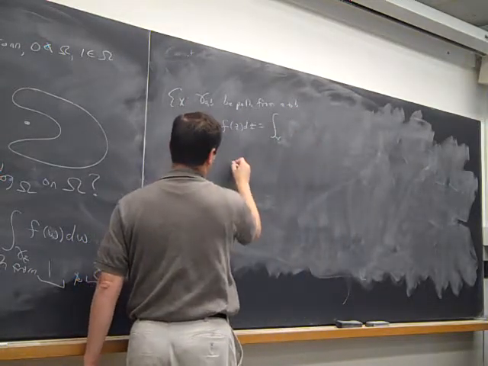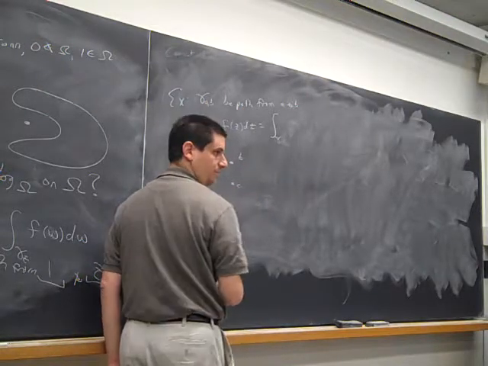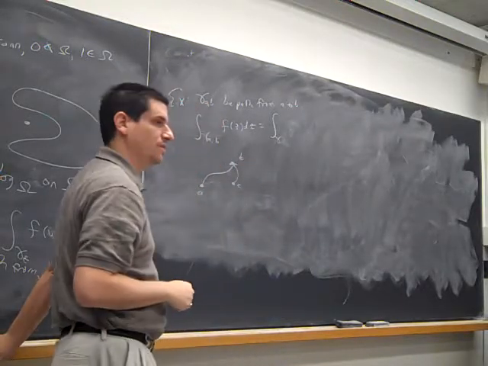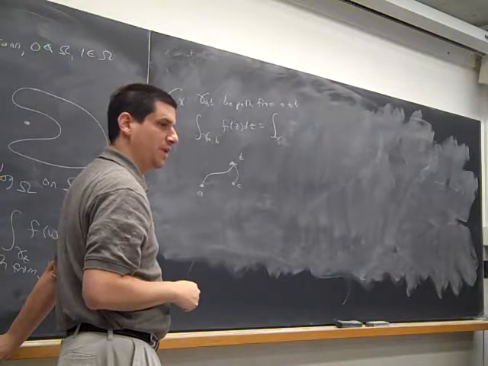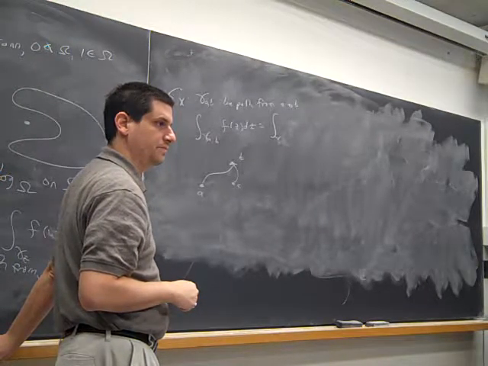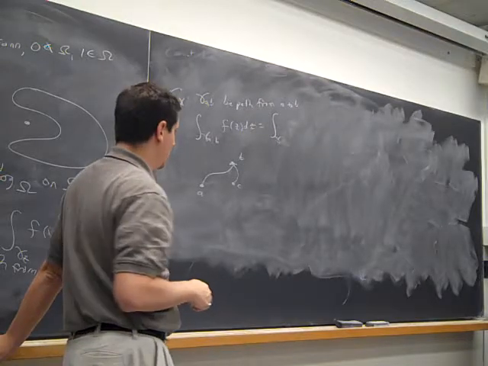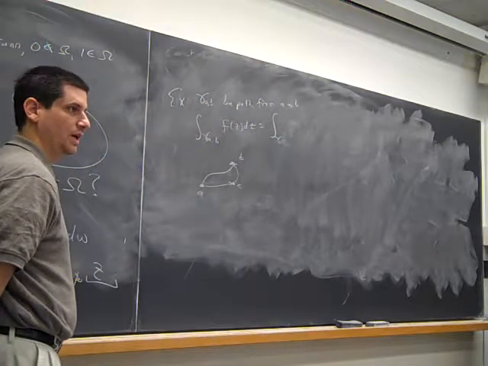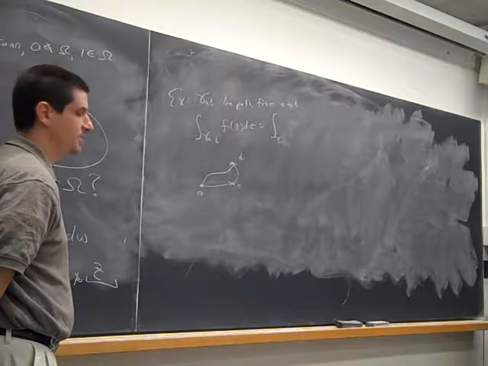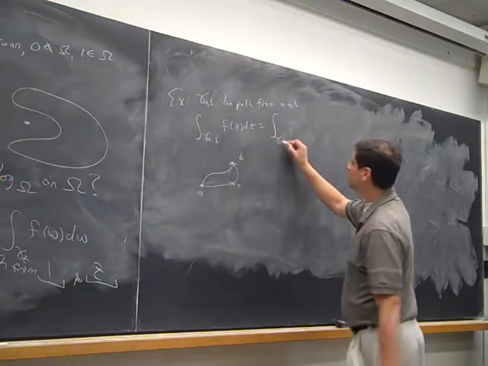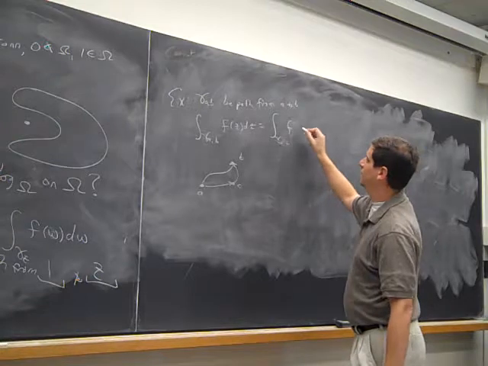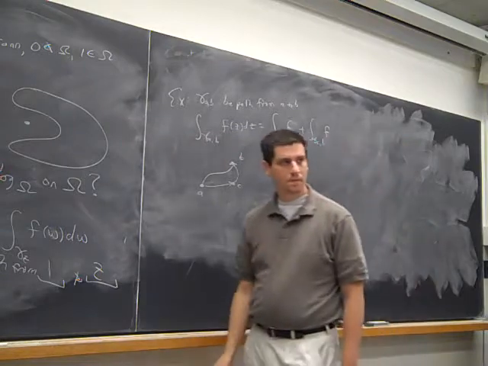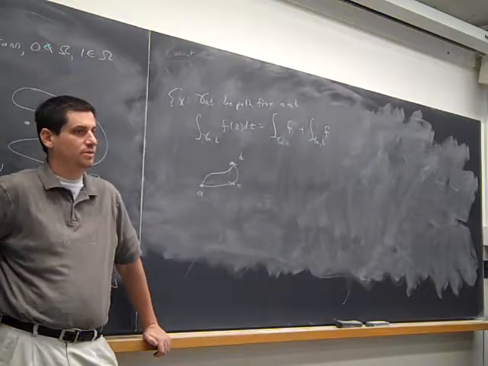So here's the point A, here's the point B, here's another point C. Here's one path I could take from A to B, here's a path I could take from B. And so what do they differ by? A to C. So one possibility is they differ by an integral from A to C. And now the hope would be that these two would be the same. So this should be gamma AC of f plus the integral of gamma CB of f. And then they would be equal.